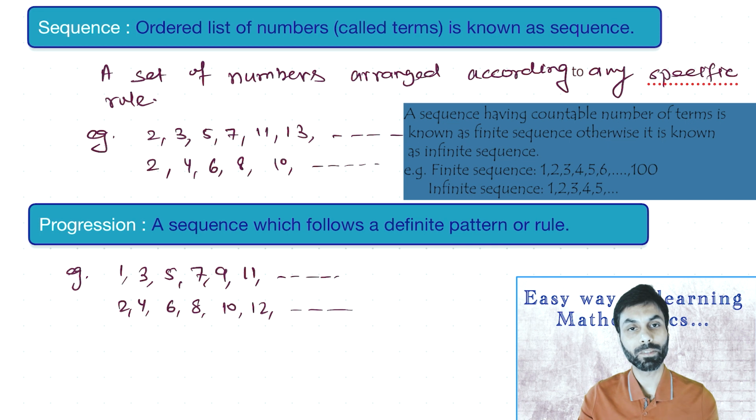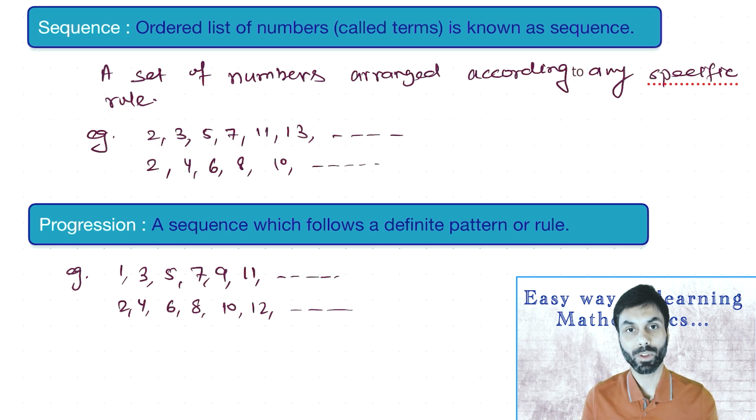The basic difference between a sequence and a progression is that for a progression we can write a formula which can give any term of that sequence. Whereas for a sequence, we cannot write such a formula based on which we will always get any term we would like to find. That's how we can distinguish between sequence and progression.